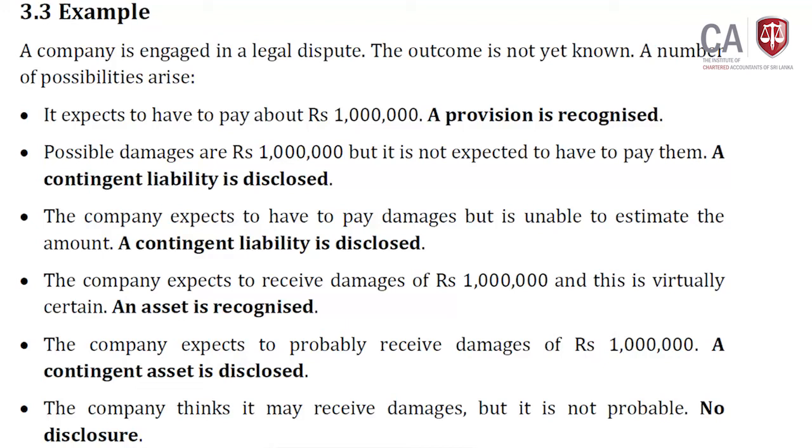Next one, company expects to probably receive damages, therefore contingent asset will be disclosed, and may receive damages, there is no greater chance to receive, therefore nothing to do with that. A simple example to explain all the outcomes of the standard.